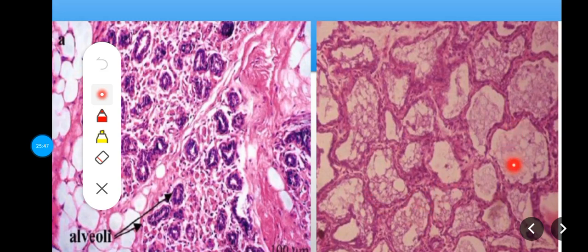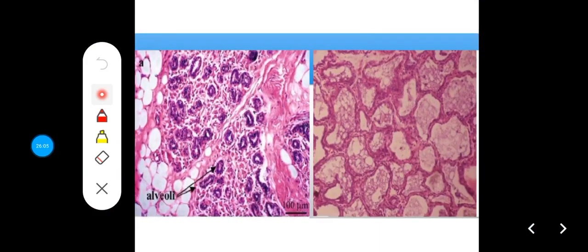Eosinophilic means pink staining. So the alveoli is lined by simple cuboidal cells and the myoepithelial cells. So this is the eosinophilic material with fat droplets, and they are numerous here. So that's how the slide of the mammary gland appears.